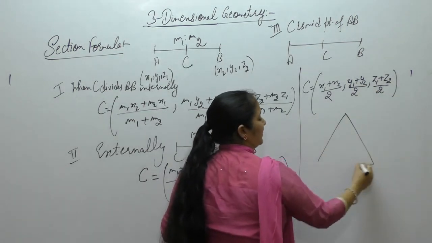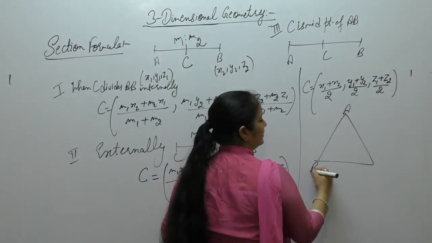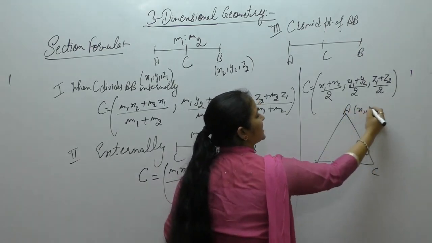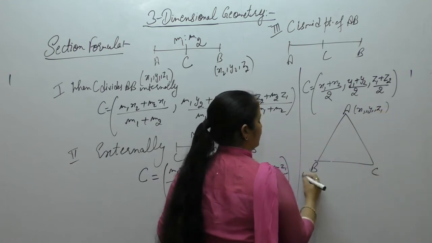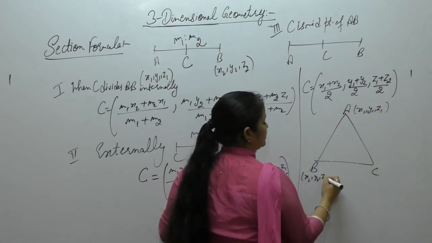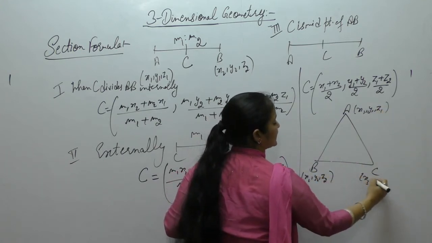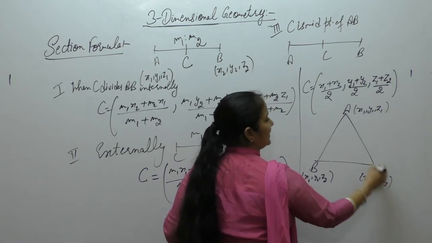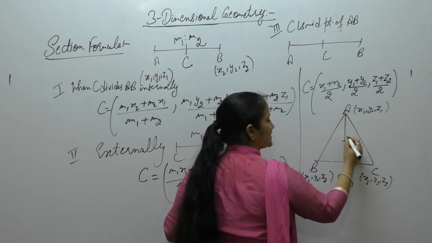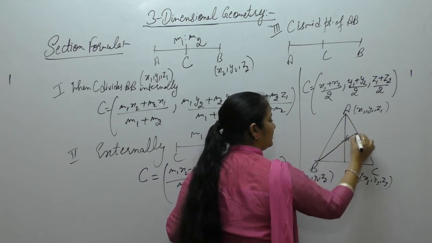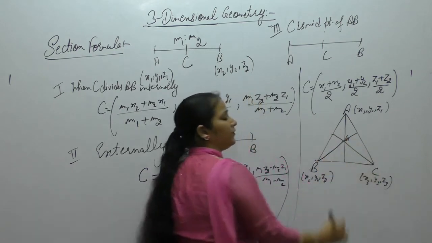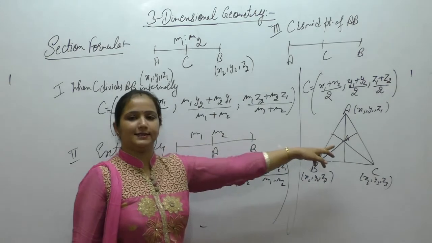Now if I have a triangle ABC with coordinates x1, y1, z1, x2, y2, z2, x3, y3 and z3, and G is the centroid of the triangle, then what will be the coordinates of the point G?